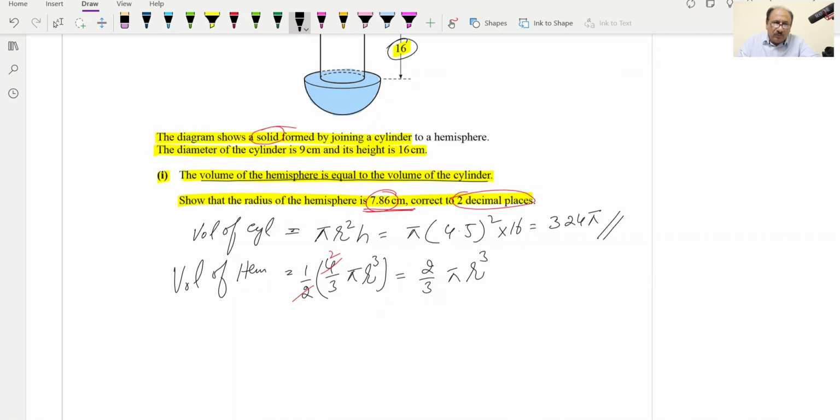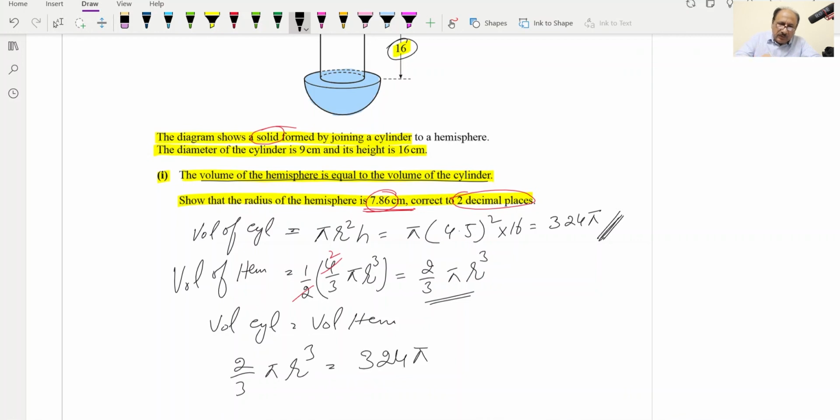By the condition of the question this is equal to the volume of the cylinder, so 2 over 3 pi r cubed is equal to 324 pi.